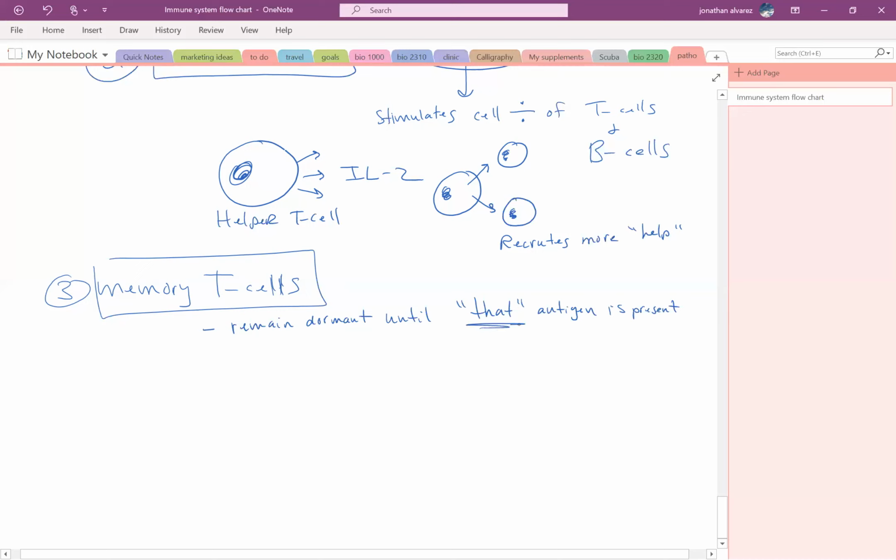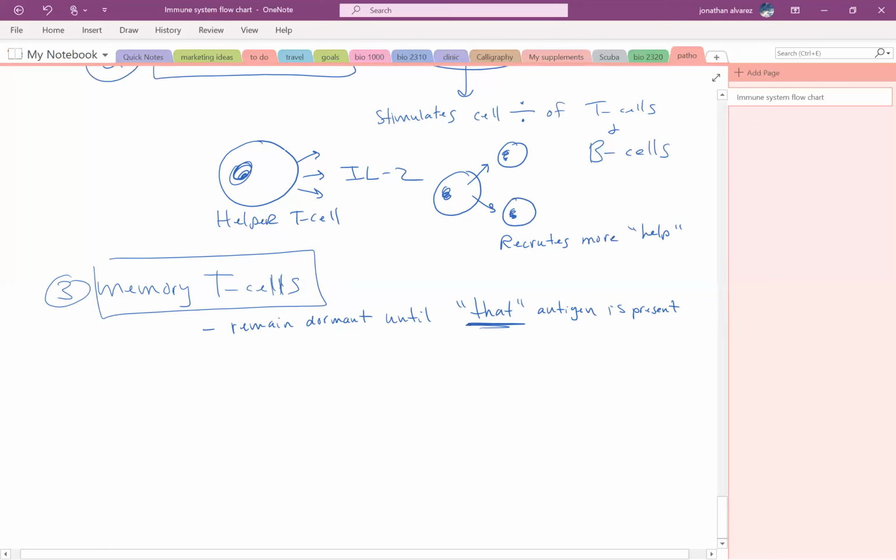Kind of like saying, you know, oh, it's that guy, you know, don't be that person, right? So it's a very specific person typically when we say that. So they remain dormant until that particular antigen is present.